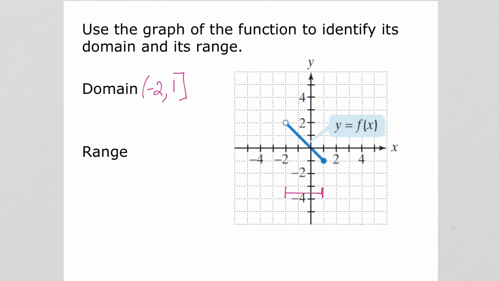And then the y values start at negative 1 and go up to 2. So we're including the negative 1 because that's a closed dot. So bracket, negative 1. Since the 2 is at an open dot, we use a parenthesis after it.